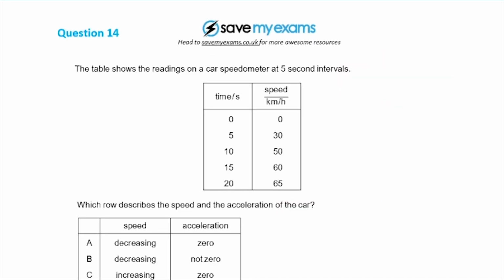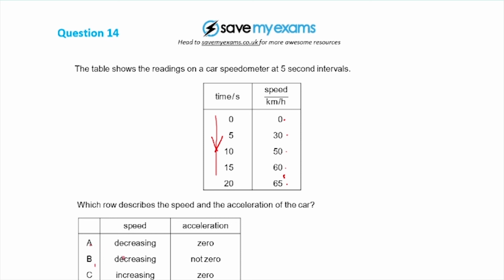The table shows the readings on a car speedometer at 5-second intervals right there. Which row describes the speed and the acceleration of the car? So of course this is time, it's increasing at every 5 seconds here. So the speed from here, we can see that speed moves from 0 to 30 to 50 to 60 to 65. So definitely the speed is increasing.